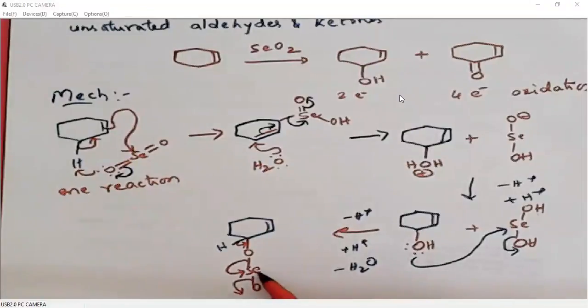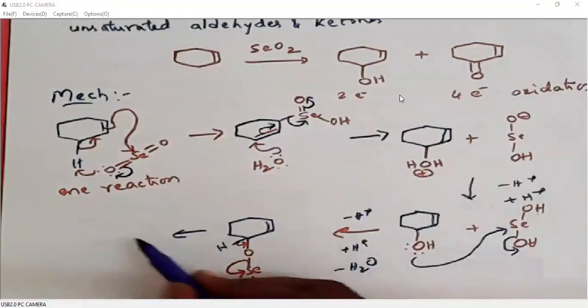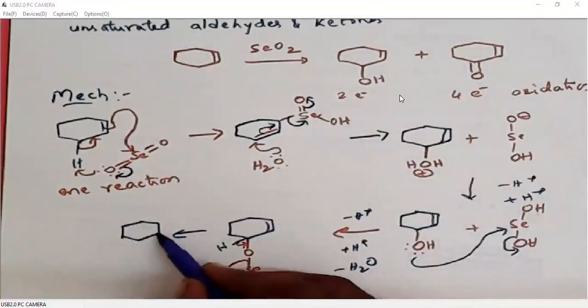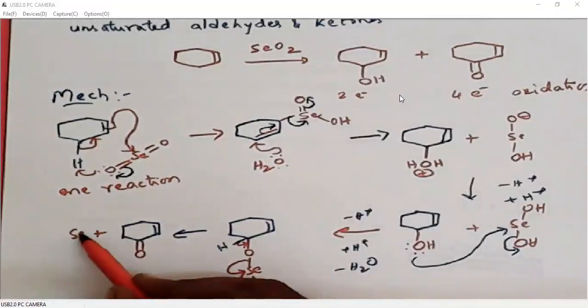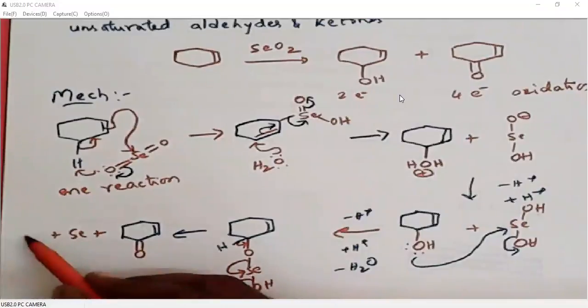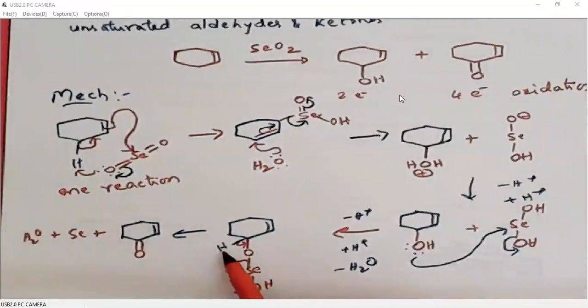In this case, it is selenium +2 oxidation state. When it takes the 2 electrons, it becomes 0 oxidation state. So what we will have is C double bond O plus selenium plus water, from this hydrogen and OH minus. Okay. This is the mechanism for selenium dioxide oxidation.